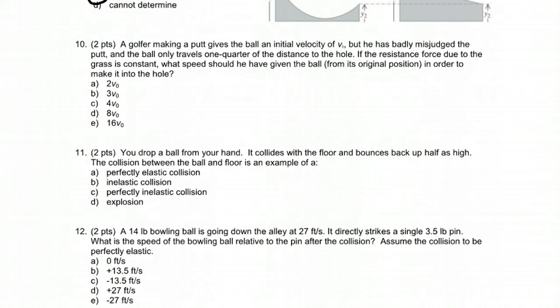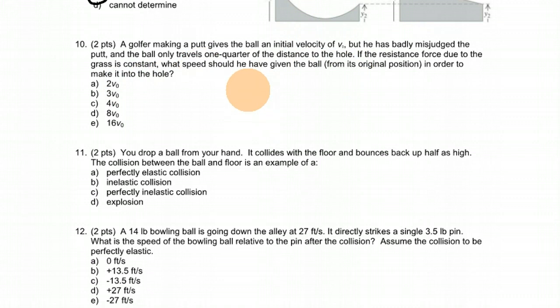Golfer making a putt gives a ball an initial velocity of v, but he badly misjudged it. The ball only travels 1/4 the distance. If the resistance force due to the grass is constant, what speed should he have given the ball in order to make it to the hole?